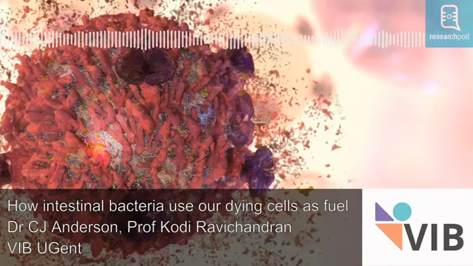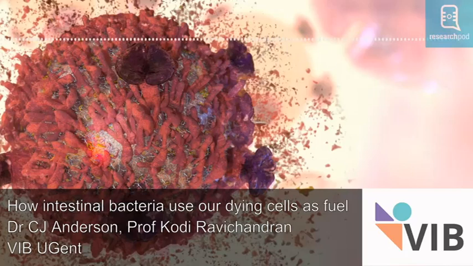If dying intestinal epithelial cells produce and shed molecules that can be recognised and sensed by neighbouring healthy cells, can certain bacteria also sense these same molecules as a means to acquire nutrients for bacterial growth?